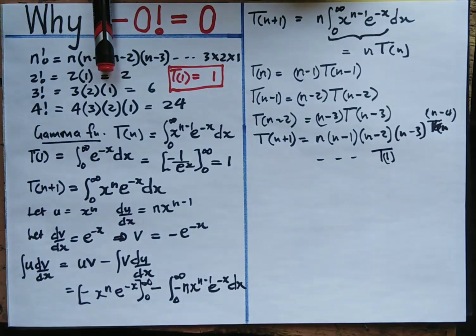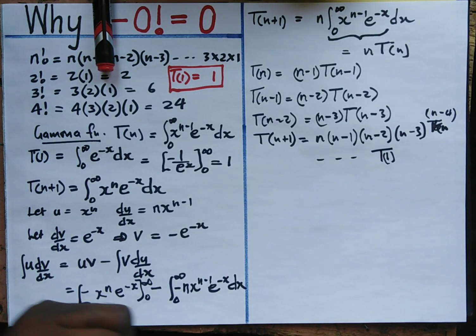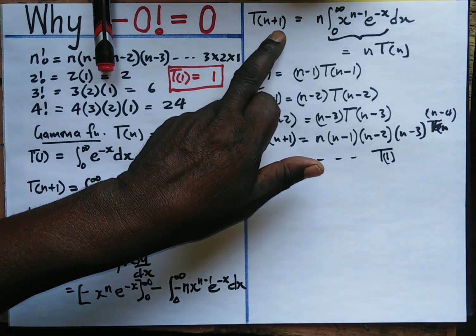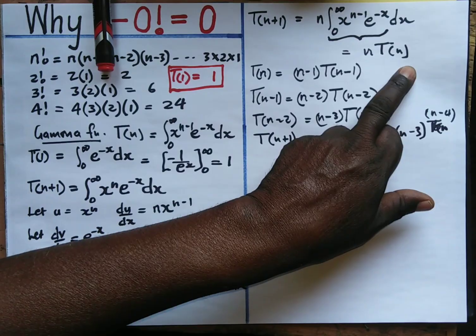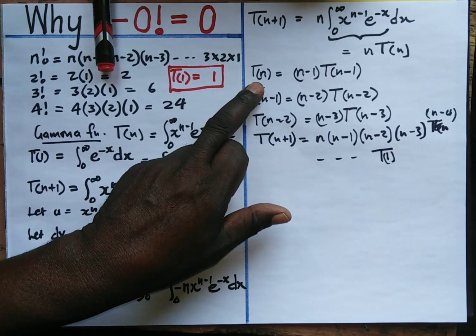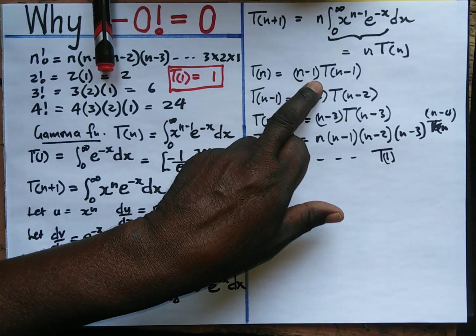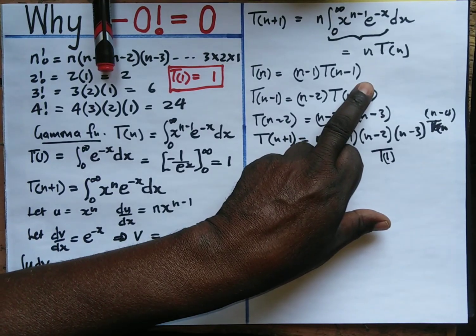Let me just go through this to correct what almost went wrong there. We are saying gamma of n plus 1 is equal to n gamma of n. So if that is so, that means gamma of n is equal to n minus 1 gamma of n minus 1.